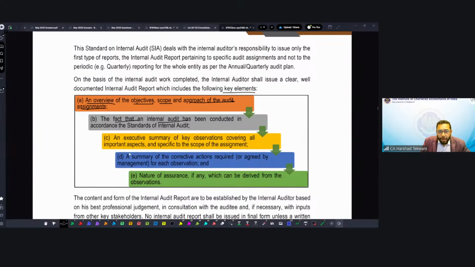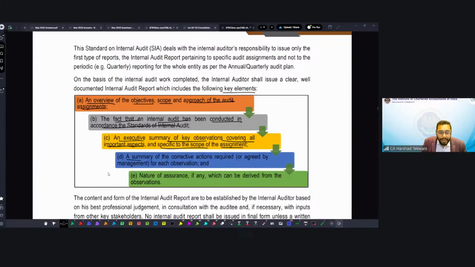The fact that the internal audit has been conducted in accordance with the standards of internal audit, that was missing. An executive summary of the key observations covering all important aspects specific to the scope of assignment. You should not leave out the SSC related findings. You need to cover that also.